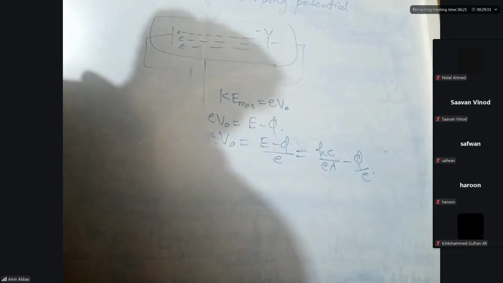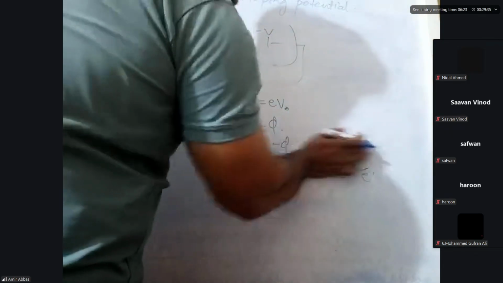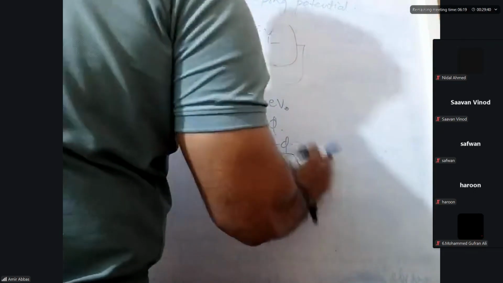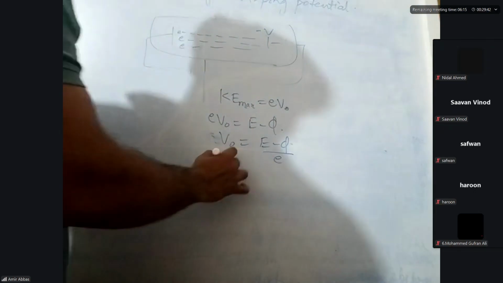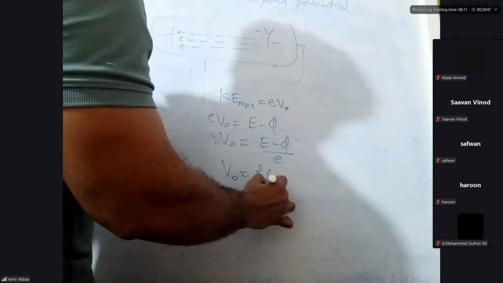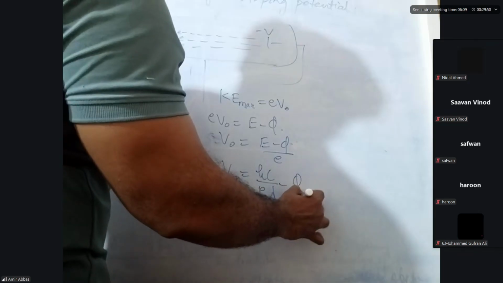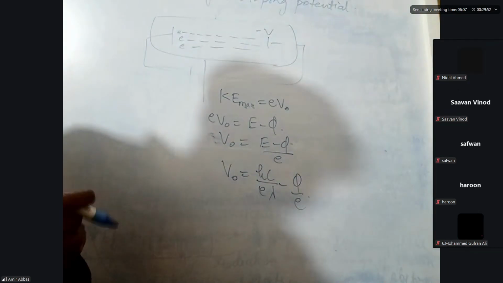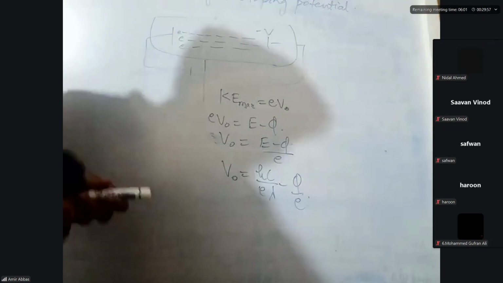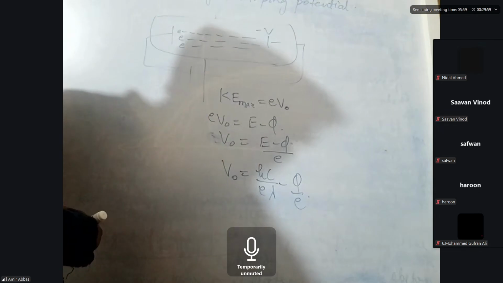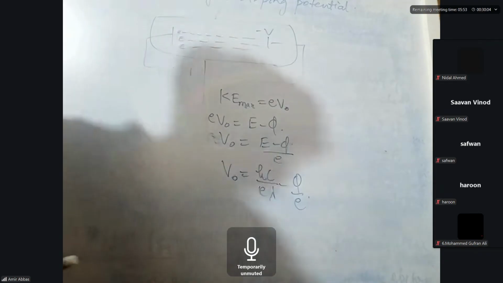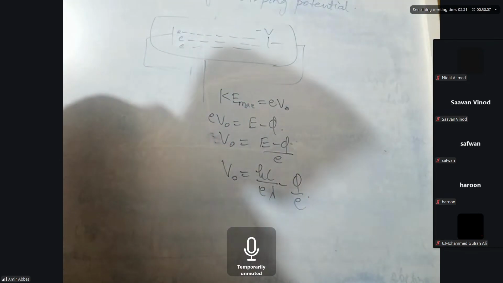So V naught equals hc by e lambda minus phi by e. We can write this in this form. Can we write this, beta, or not? Hamza is in our class now. Can we write this? So this is our stopping potential.